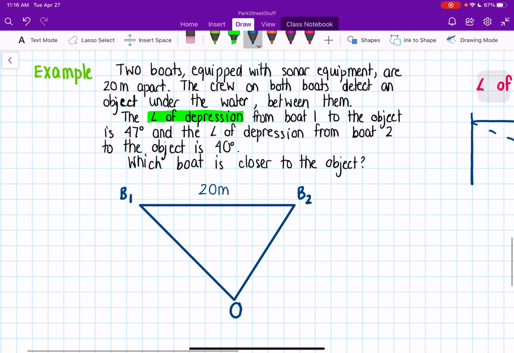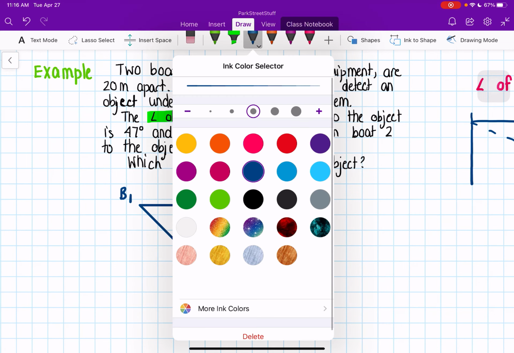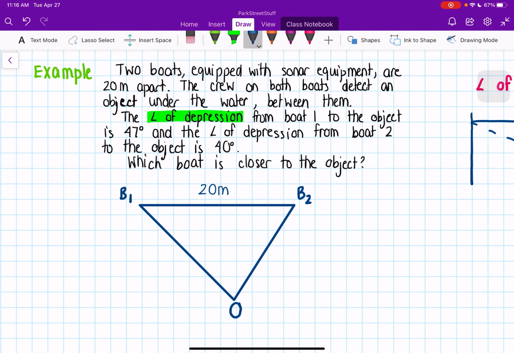In this case, we are talking about the boats and that object between them. For boat 1, the angle of depression, so from looking across, how much they would have to look down to see that object, is 47 degrees. And for boat 2 to look down, that is 40 degrees.